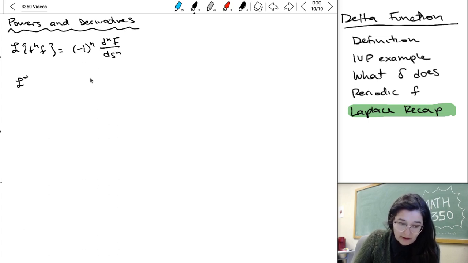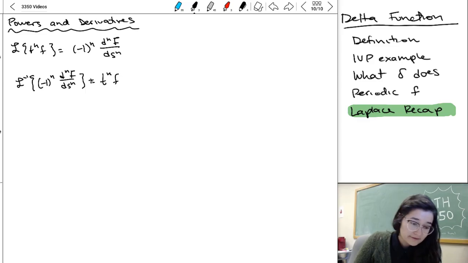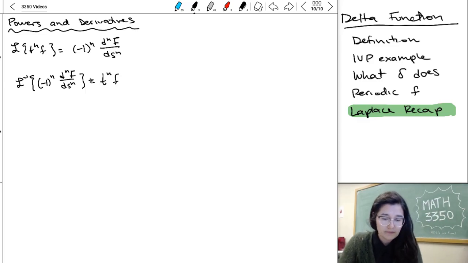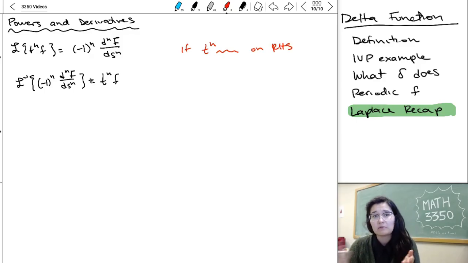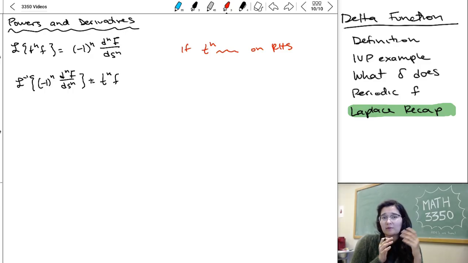And our L inverse of this odd thing that we just have to be able to recognize is t to the n f. So the forward property we use if there's t to the n times something on the right-hand side of our ODE. This is the one that I said maybe there will be some ambiguity sometimes where you have like t to the power times e. Choose whichever one you like the most.